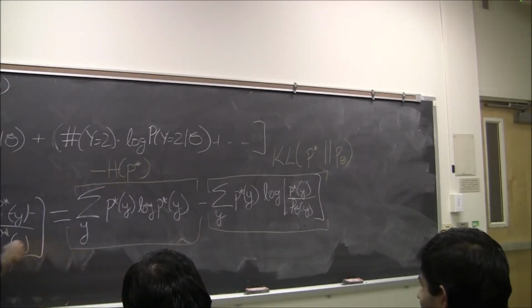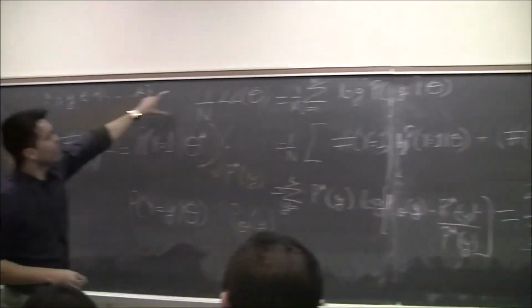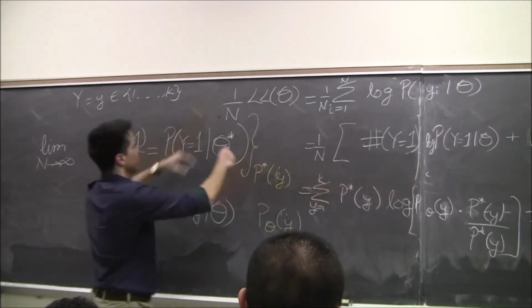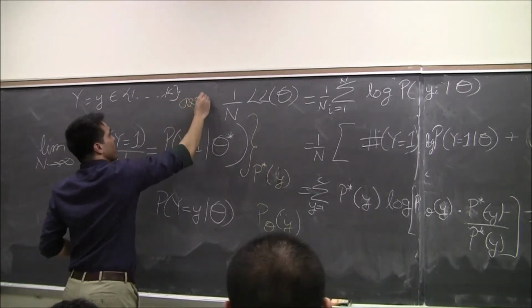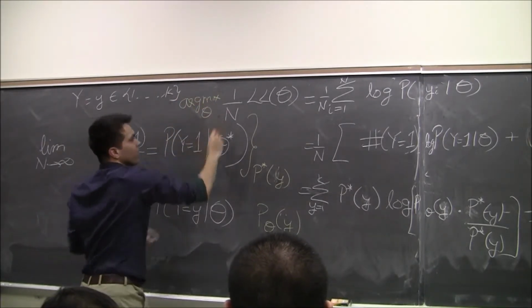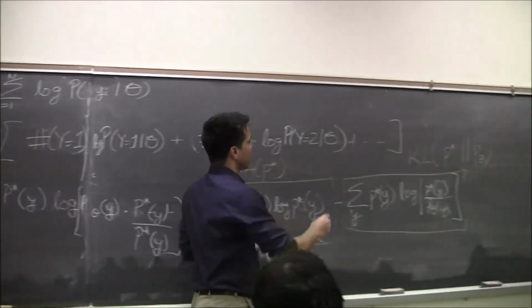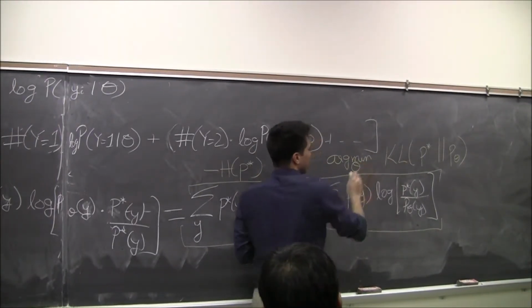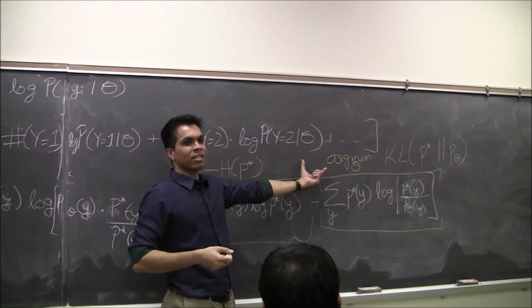All right, so we started with average log likelihood and wrote it out as entropy plus KL divergence. I was asked to perform an argmax of this. Constant aside, that is equal to the argmin of KL divergence. Very nice.